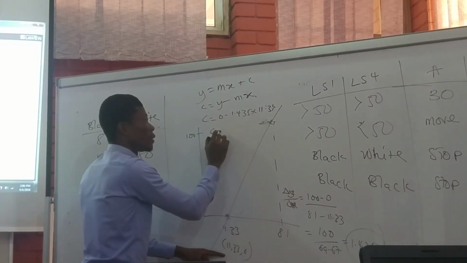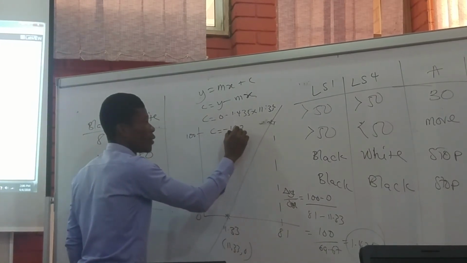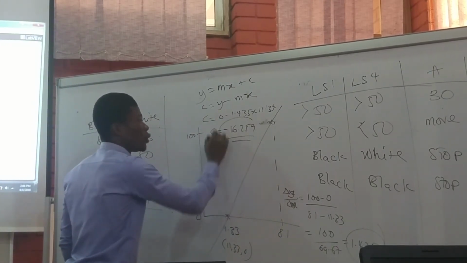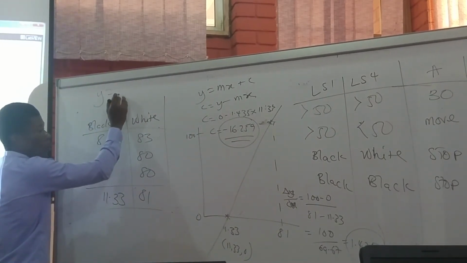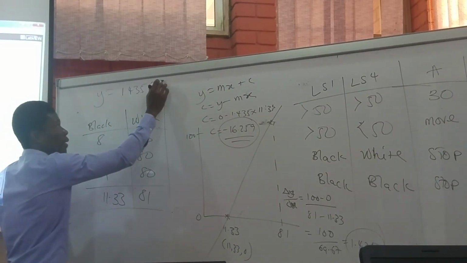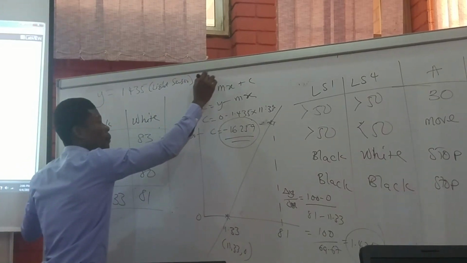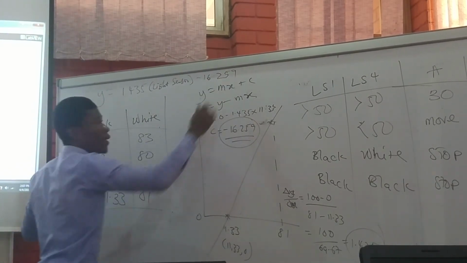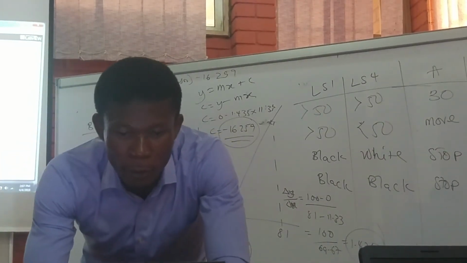So we get c to be negative 16.259. Good. So we want to build this equation: y equals 1.435 times light sensor minus 16.259. Right? Good.